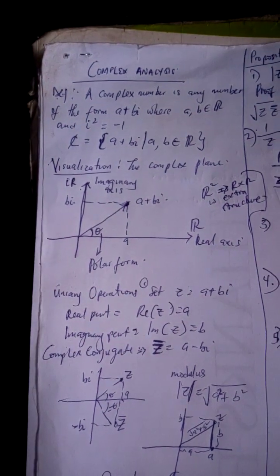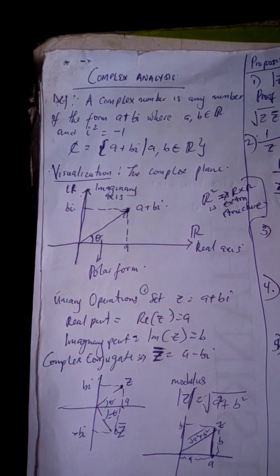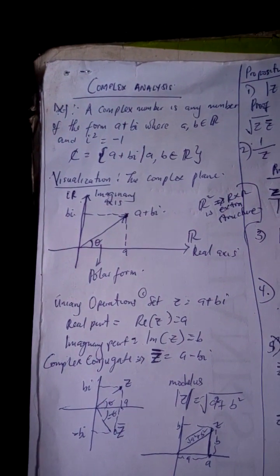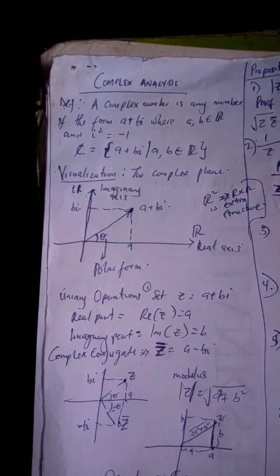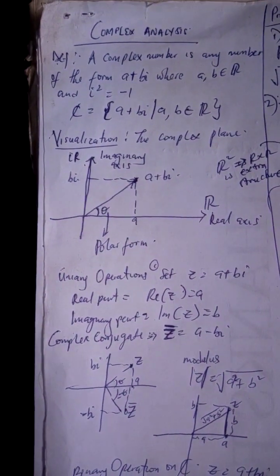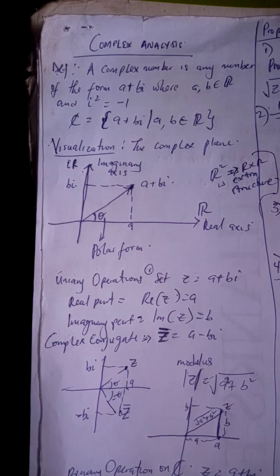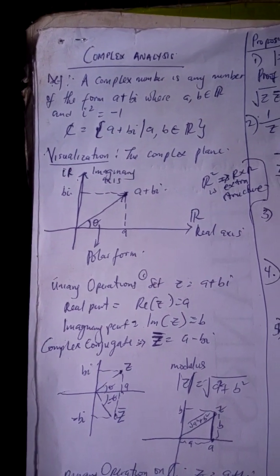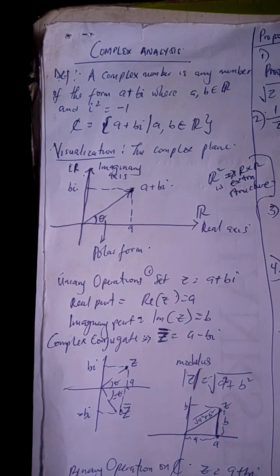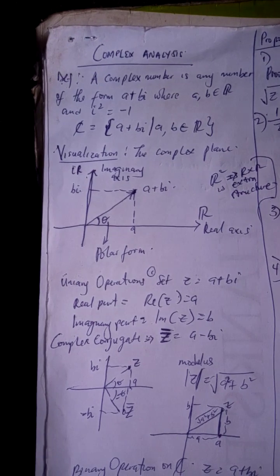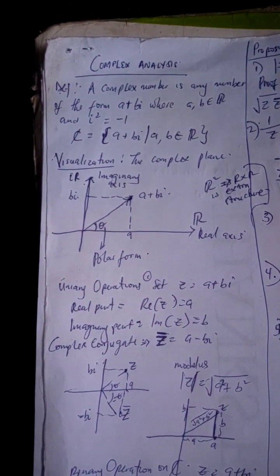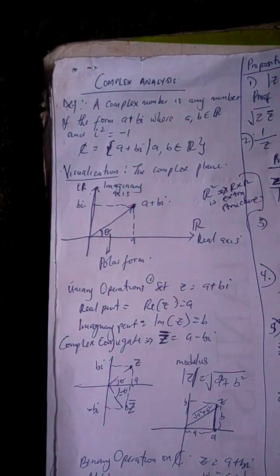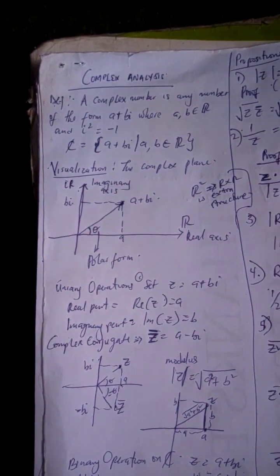Now let's look at the visualization. Looking at this plane, we want to look at just the geometric part of this. Under this, you know that we have the imaginary axis and we have the real axis. In real analysis you have just the x and the y, but in complex analysis we have the imaginary axis, which is more like the y axis, and the real axis, which is more like the x axis.